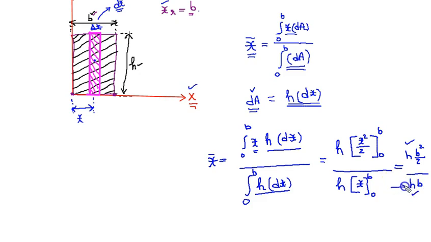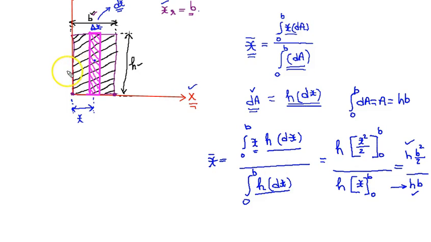Note here that this quantity hb, which is integral of dA between the limits 0 and b, is the area of the rectangle, which is h times b. So note that whatever is in the denominator is the area of the whole geometric area.